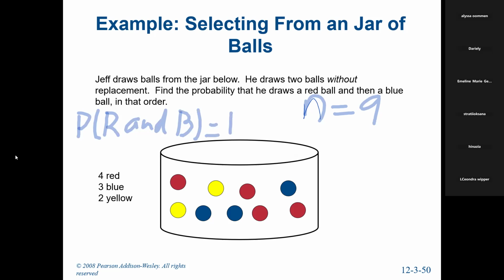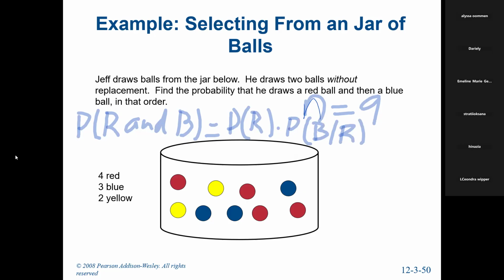So that would give you P of A and B, P of a red ball, times P of blue given a red.